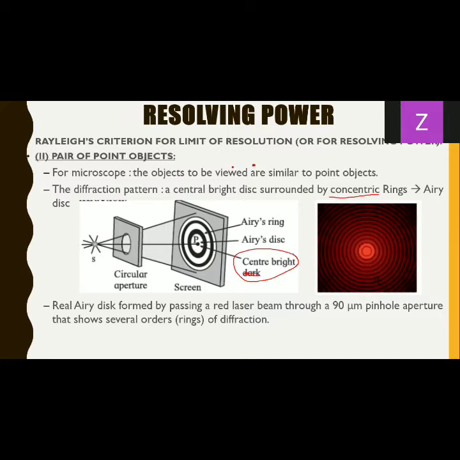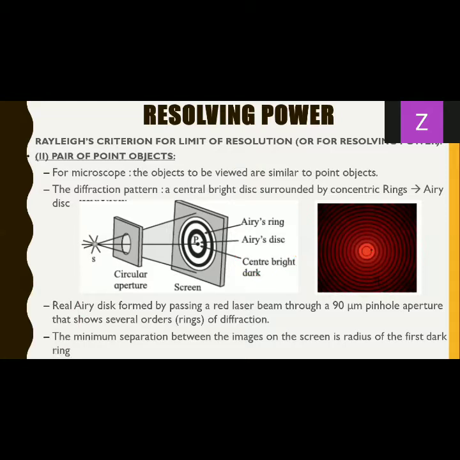Okay, and the minimum separation between them on that particular screen is the radius of the first dark ring. मतलब separation कितना होगा? ये first dark ring है, उसका radius, ये ring का radius will be the separation between the images on that particular screen.